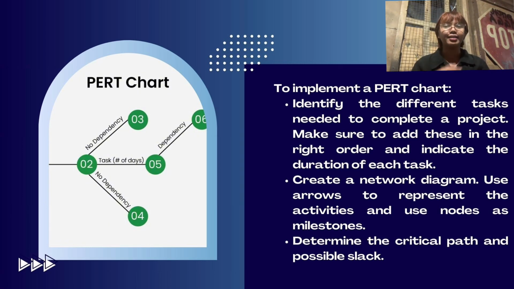Next, you need to construct a network diagram using arrows to represent the activities and nodes as a milestone or event. Finally, the very critical part, the longest sequence of activities and the potential slack or float in the schedule should be determined.